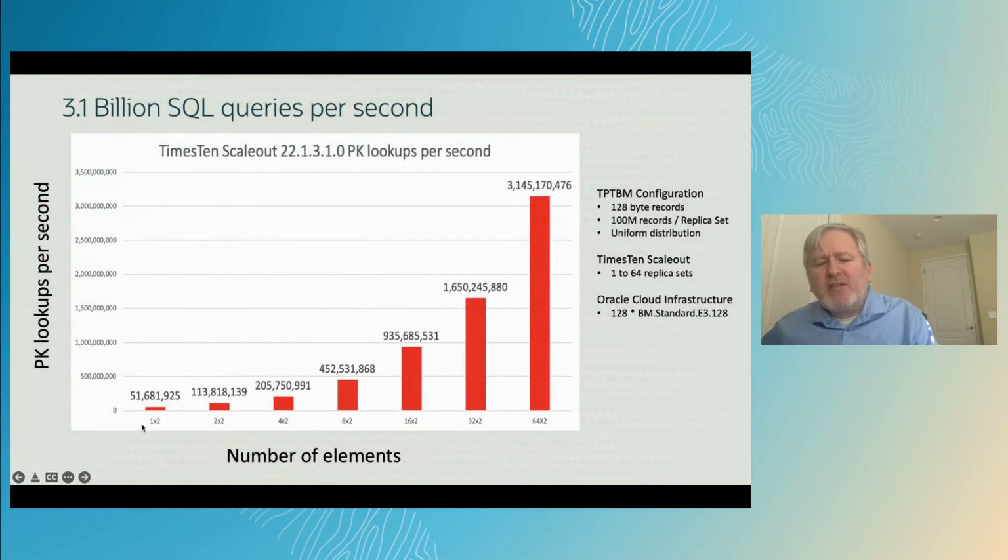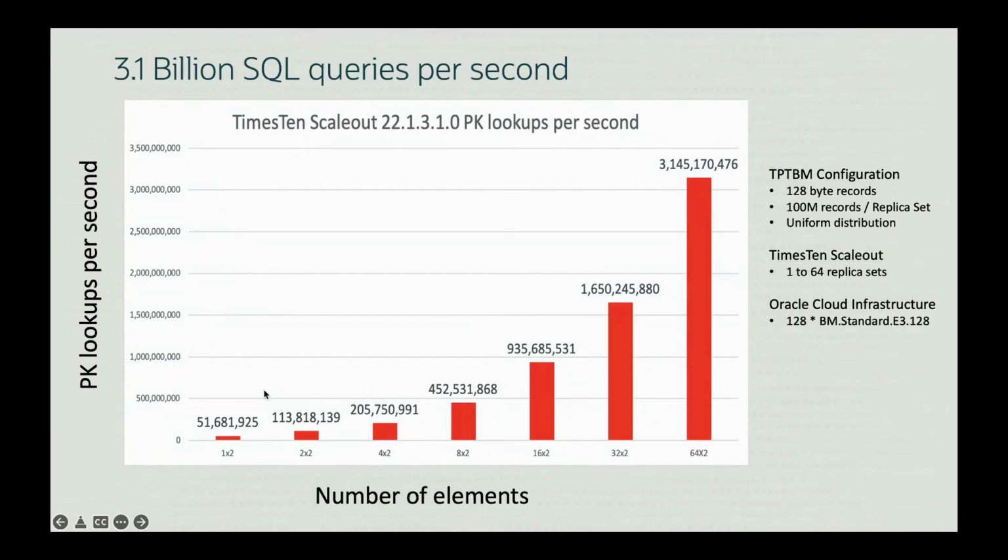Now, if we wanted to use the clustered, sharded, or scale-out version of TimesTen, we can use more nodes to go faster. In this case, we're doing the same SQL queries, and if we just use 1 shard and 2 copies of each of those shards, we can do about 51 million of those queries per second, which is pretty fast.